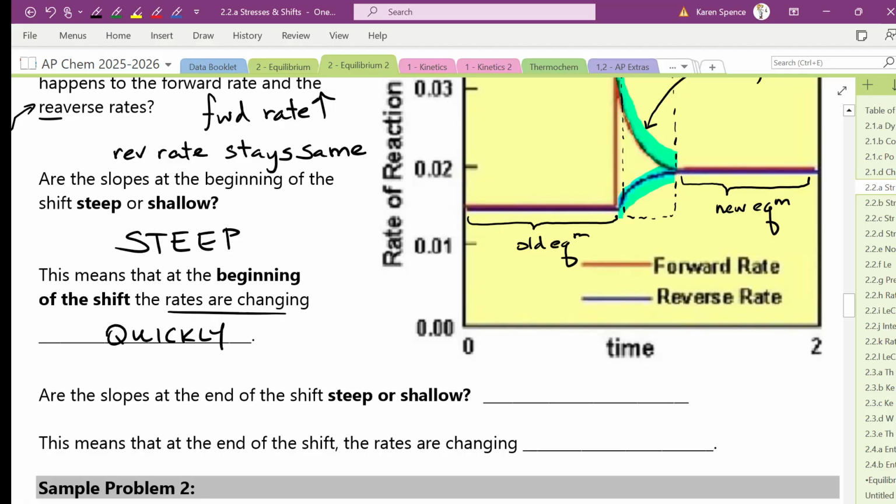Are the slopes at the end of the shift steep or shallow? They're shallow. This is all difficult to say with my Invisalign. There's too many S's in "shift steep." Okay, anyway, they are shallow.